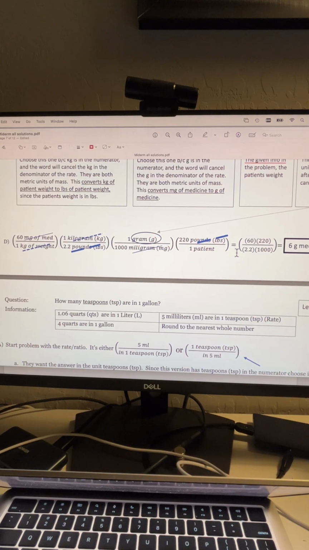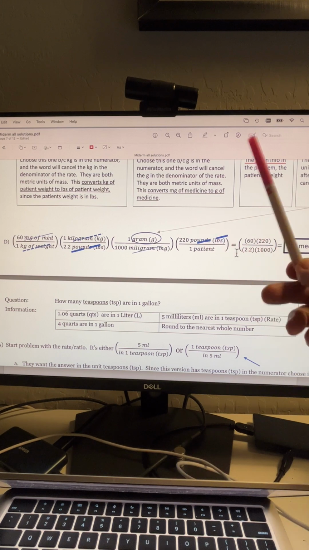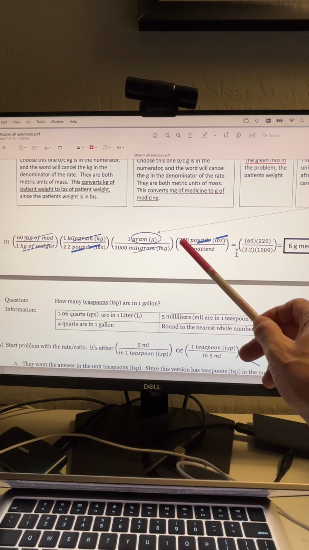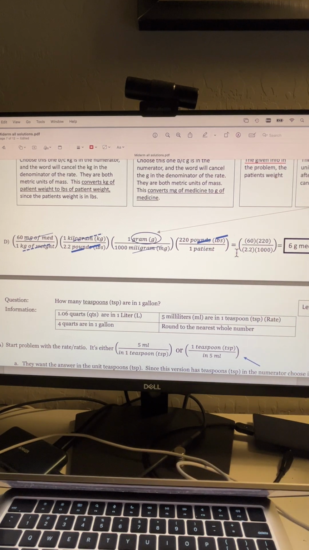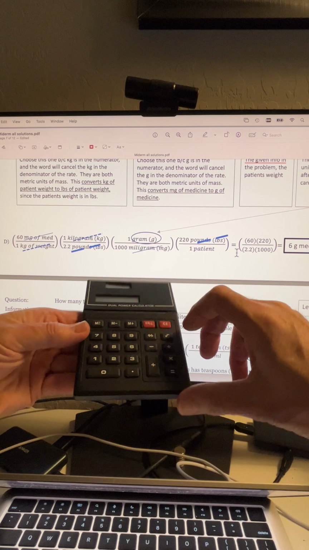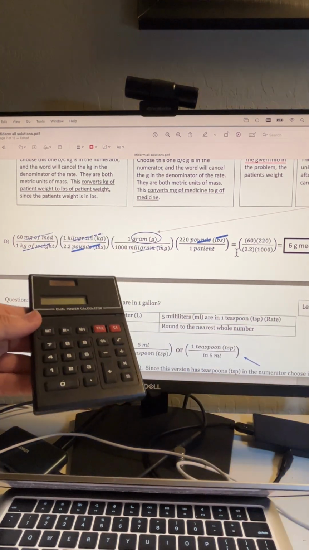One thing I like to do is take all the numbers and put them over here without the words. Because if you don't do that, sometimes when you cancel out, you forget a number. I never said this in class, but this is a great way to do this problem. You probably can't see the screen on my calculator, but it doesn't matter.